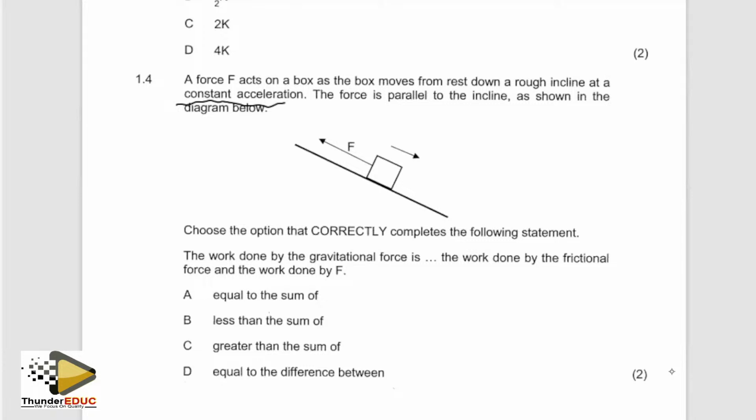If the box is moving down the incline, we know that the FG parallel will be acting downwards, and the frictional force will also be acting downwards. That's what I'm interpreting, okay? The box moves from rest down a rough incline.